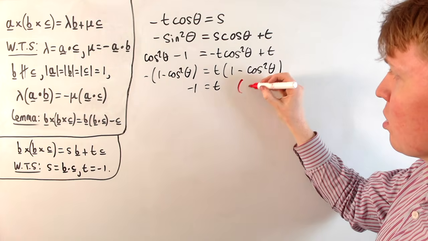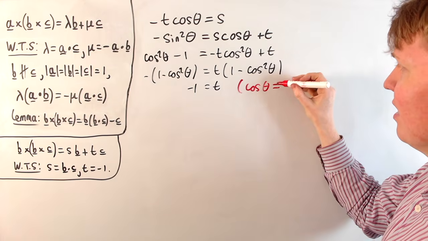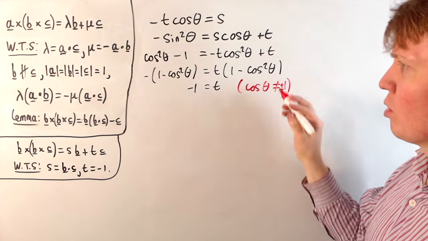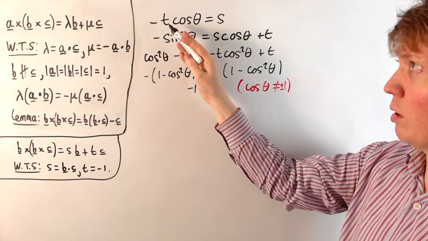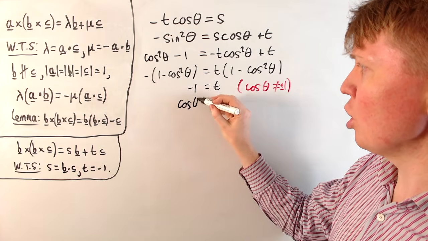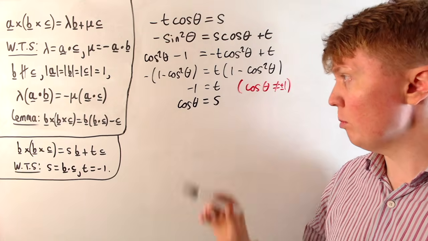This is so long as cos squared theta isn't equal to 1, so cos theta without the square isn't equal to plus or minus 1. So we'll come back to this in a moment. But you can see if t is equal to negative 1, then substituting in here, we just get s is equal to cos theta. And we're trying to show that s is equal to b dot c, but remember what theta is.